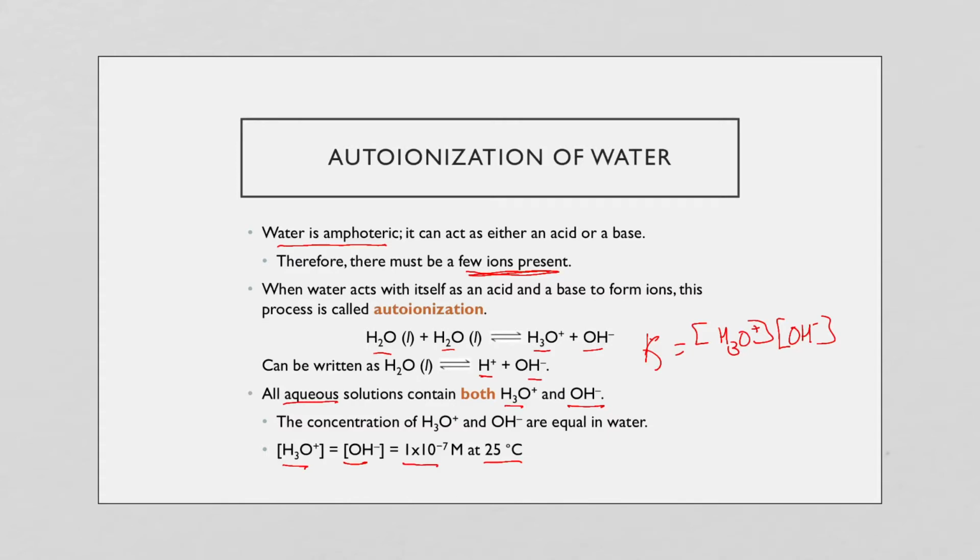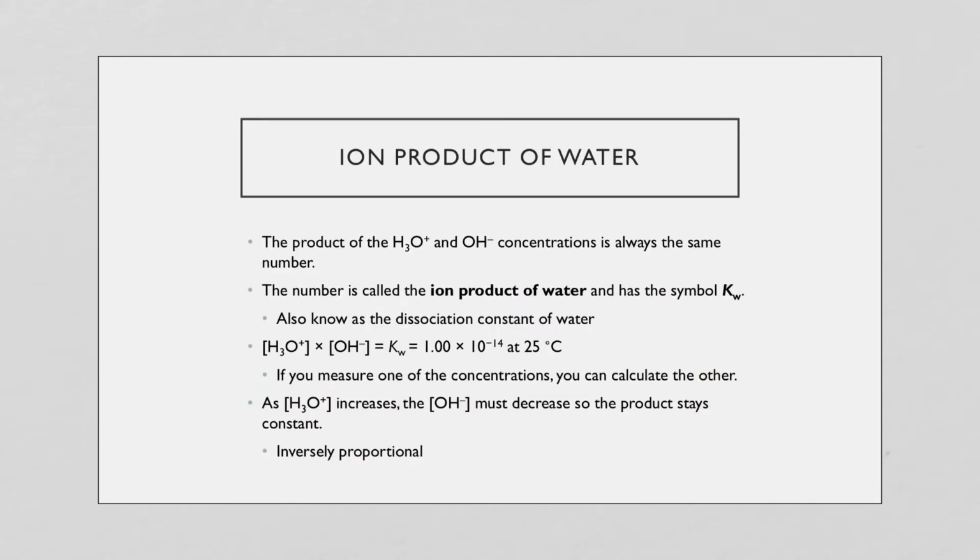So we're just going to have K equals the products. There are no reactants here, so there's nothing on the bottom, so it's just hydronium times hydroxide. And this is what we refer to as the ion product of water.